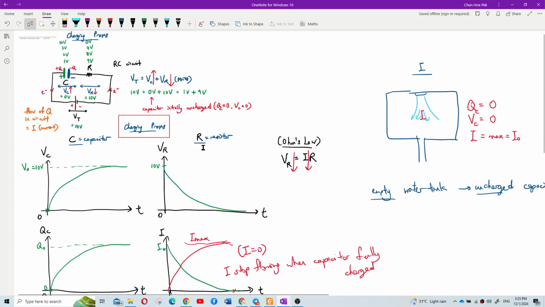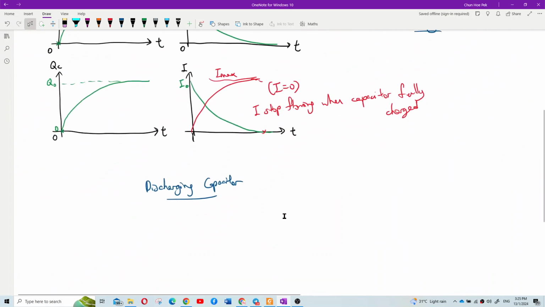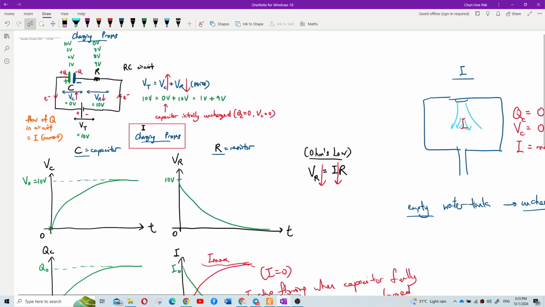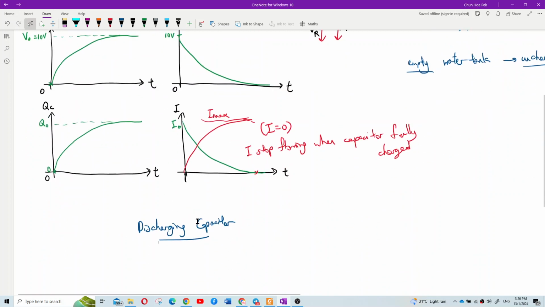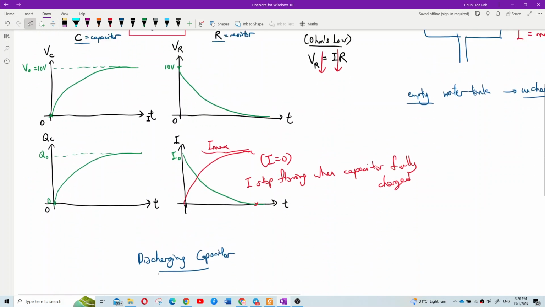So kalau discharging capacitor, apa kita buat? Kita buangkan bateri. So capacitor tinggal apa? Sebab if charging process, we need the battery to charge a capacitor. Kalau discharging process, we throw away the battery, just the capacitor and resistor. Mesti ada resistor.